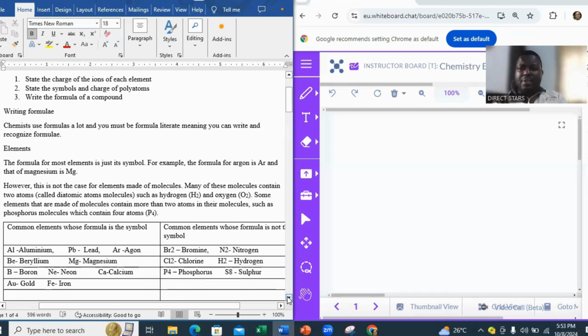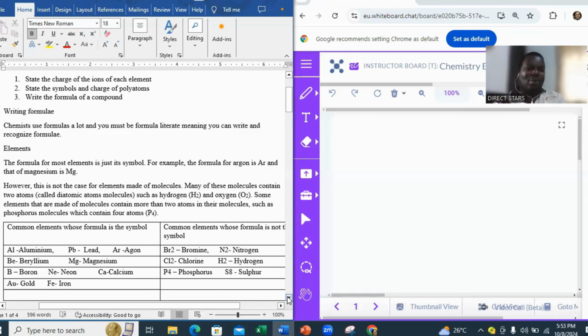They can be monoatomic, diatomic, tetraatomic or polyatomic. We've done that in the last class, where we gave examples of gases that are diatomic, like hydrogen, oxygen, chlorine, fluorine, and other members of the group 7 elements.